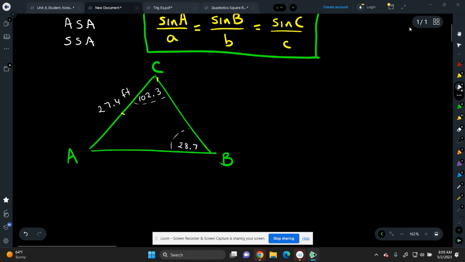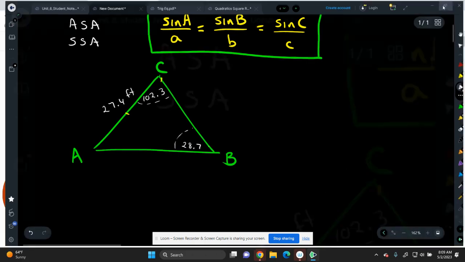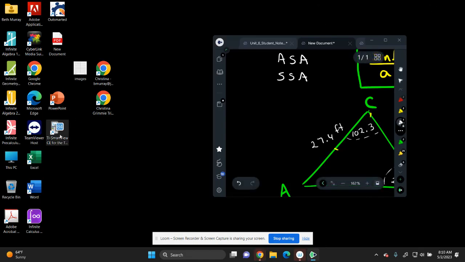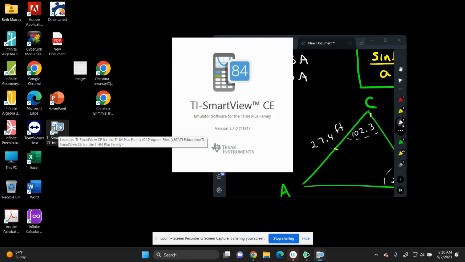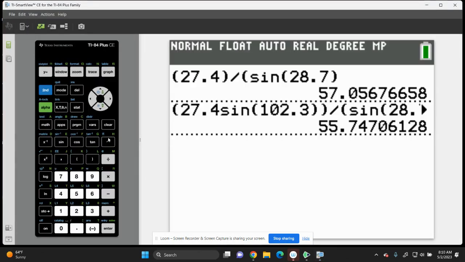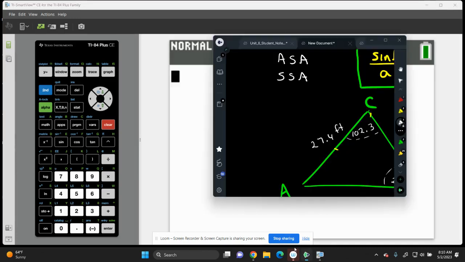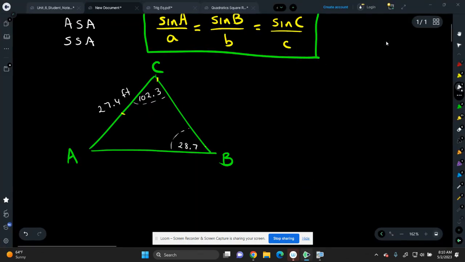Let me just pull up my calculator here. So we want to find all of the missing parts. So we need to find angle A, we need to find side A, and we need to find side C.